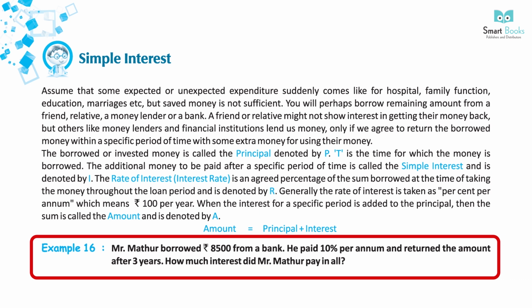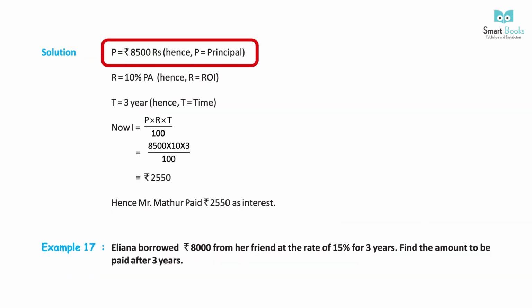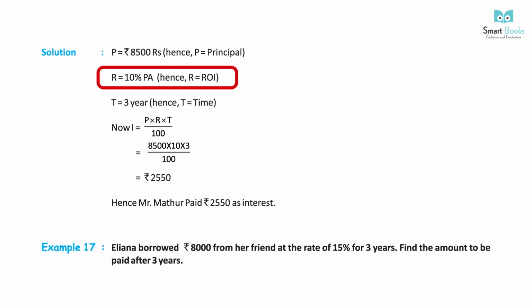Example 16. Mr. Mathur borrowed rupees 8,500 from a bank. He paid 10% per annum and returned the amount after 3 years. How much interest did Mr. Mathur pay in all? Solution: P is equal to rupees 8,500, where P is principal. R is equal to 10% PA, where R is rate of interest.